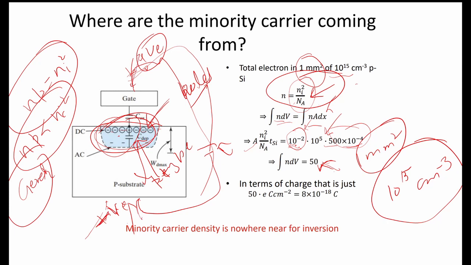So yes, the minority carrier concentration is nowhere near inversion, because we are creating 10 raised to power 15 per centimeter cube, which is not comparable, since this is around 50 only.